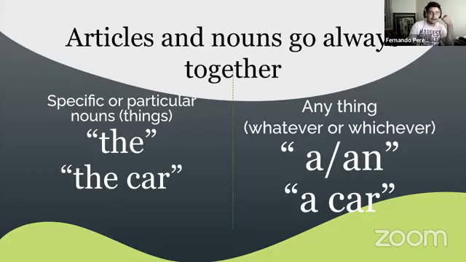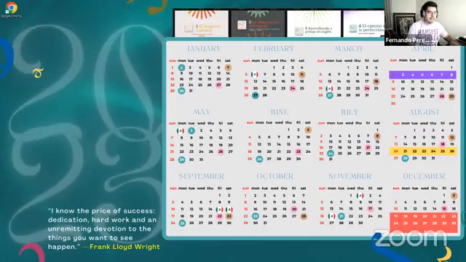Articles are color orange and they represent nouns which are color blue. Are we understanding right now? Easy information at the beginning.